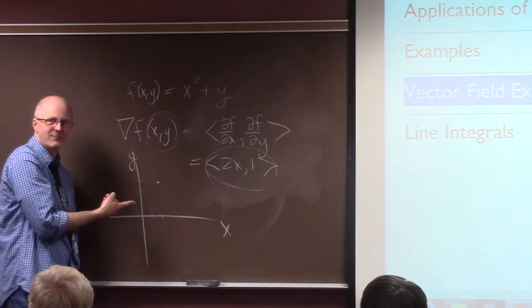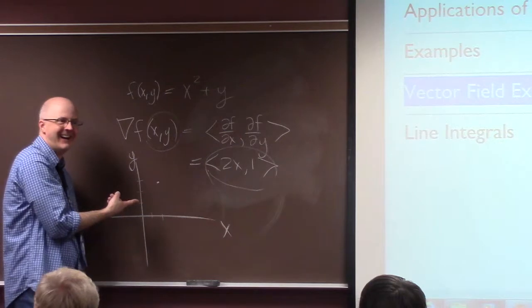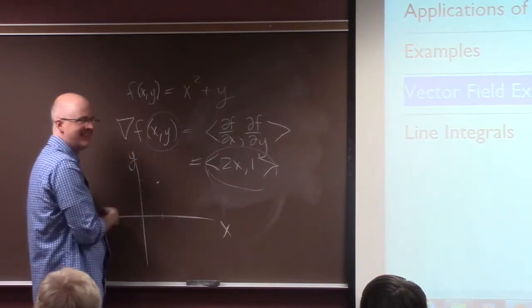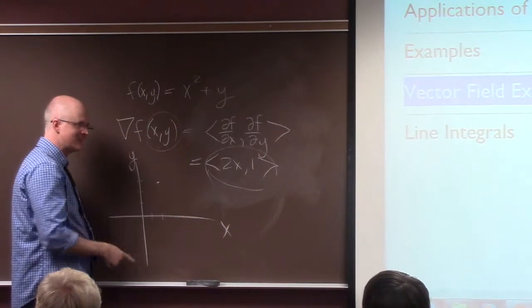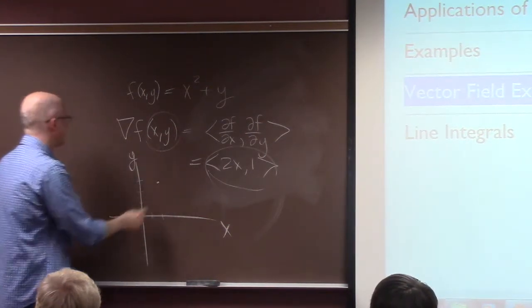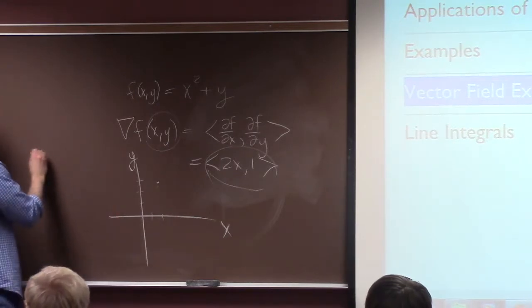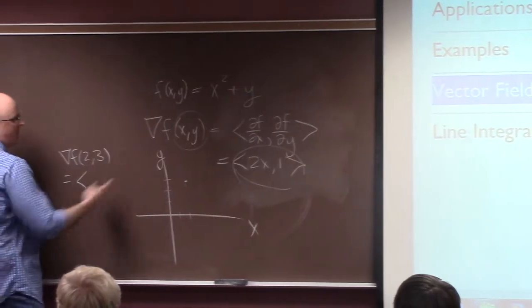You plug the point into the gradient vector and use that as the vector from that point. Yep. And you plot the vector based at the point. So this is the point 2, 3. What's the gradient vector at the point 2, 3? Plug it into the formula.